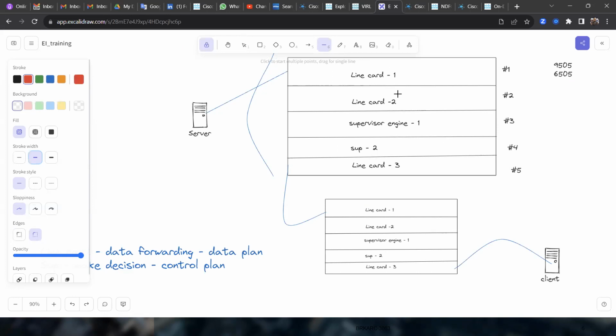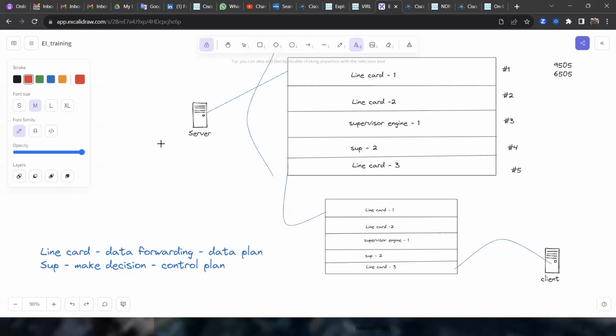This switch should know how to route to this switch if they are working as layer 3. Suppose this server is in a different subnet. Suppose this server has subnet 10.1.1, with IP 10.1.1.100, and this client has IP, for example, 20.1.1.100. So in this case, we are in different subnets.